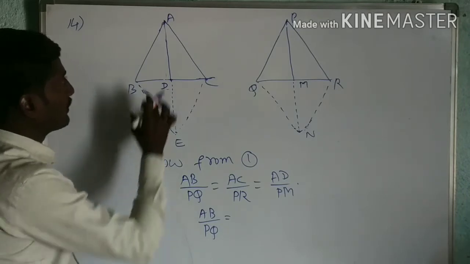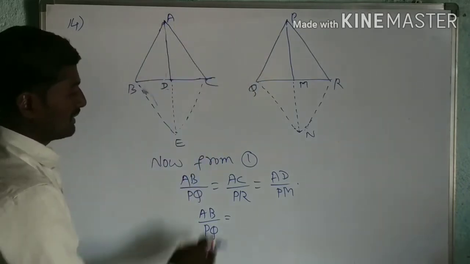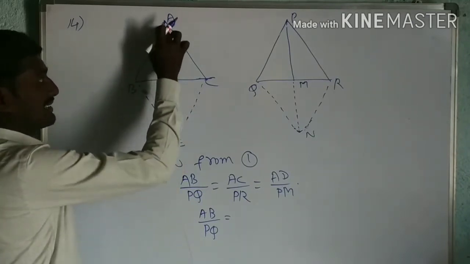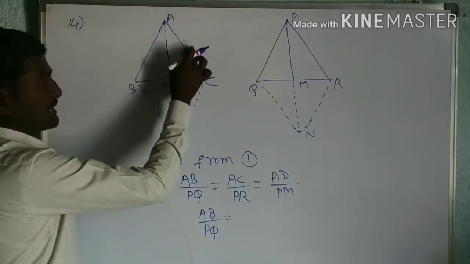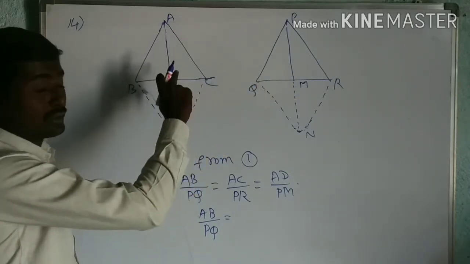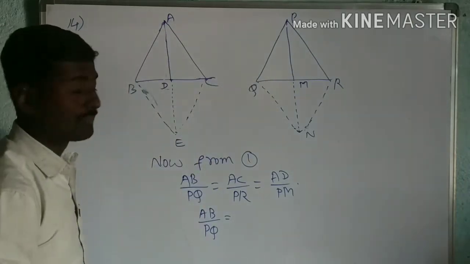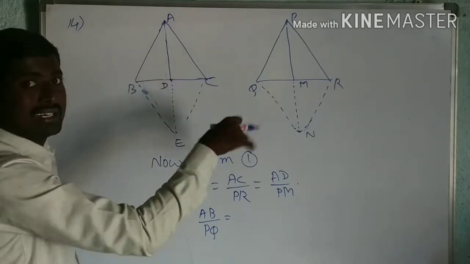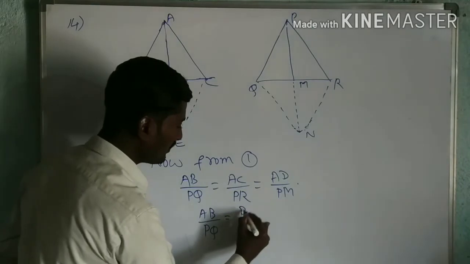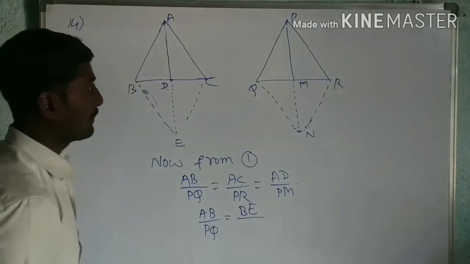AB divided by PQ, then AC by PR. So for this triangle only I have to take the sides. In place of AC I can write what? BE, because this quadrilateral is a parallelogram. Opposite sides are equal. Already written here. In place of AC I can write BE divided by PR.